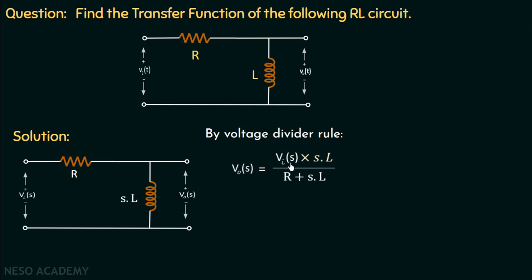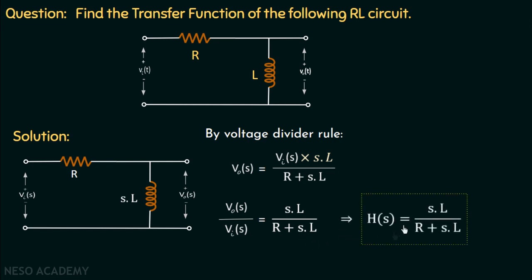Now if we transpose Vin(s) to the left hand side, we will get the ratio Vout over Vin(s), which is the transfer function, is equal to sL over R plus sL. In this way, the transfer function is equal to sL over R plus sL.